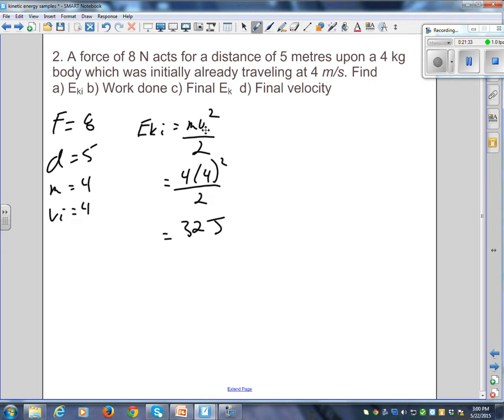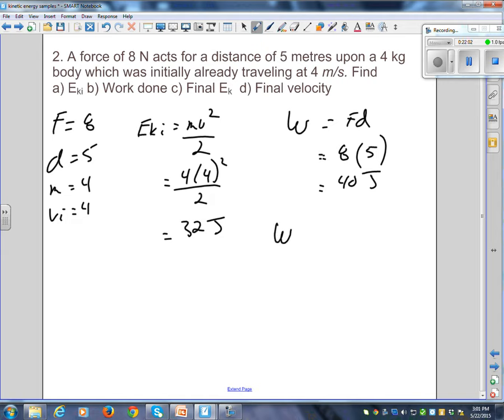How much work is done? 40 joules. Where does that 40 joules go? It goes into giving it more kinetic energy. So what is the final EK?